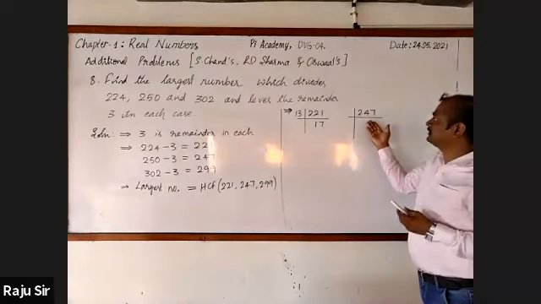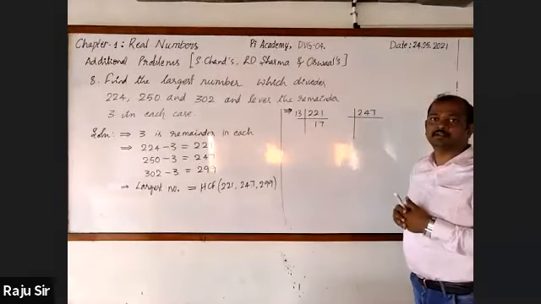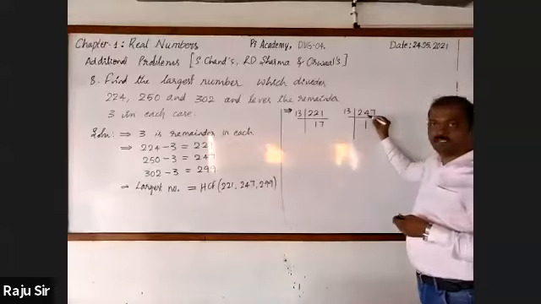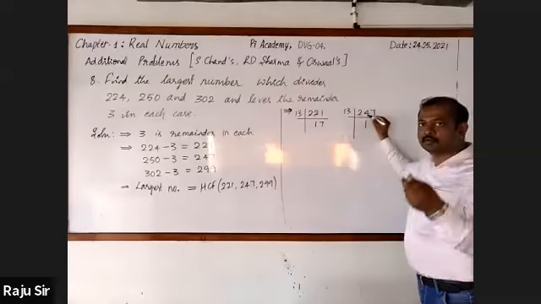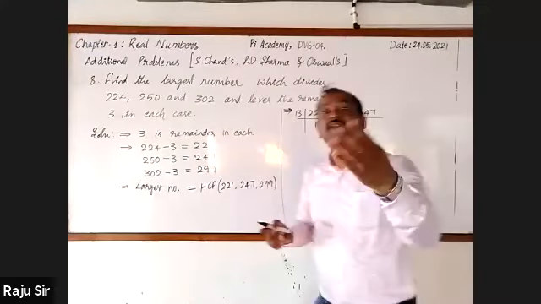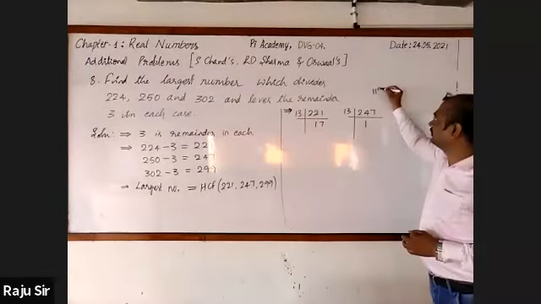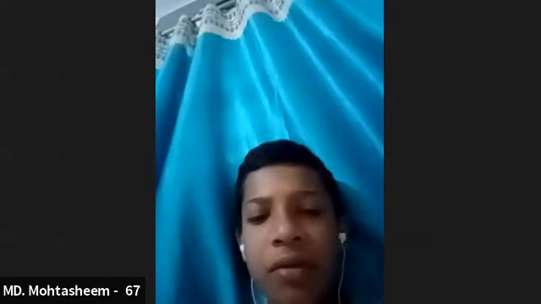So you may try this by either 13 or 17. 13, very good. 13 ones are 13. 13 twos are 26. Now 117 will remain. 13 nines. 19, sir.